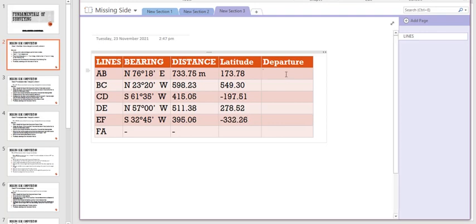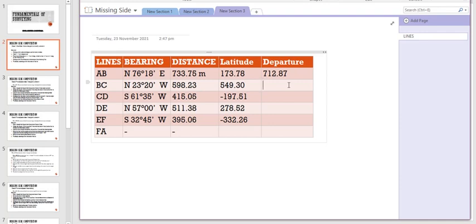Then for departure, 733.75 times sine of 76 degrees 18 minutes. So that is 712.87, positive since it is east. Please double check because it may be wrong.